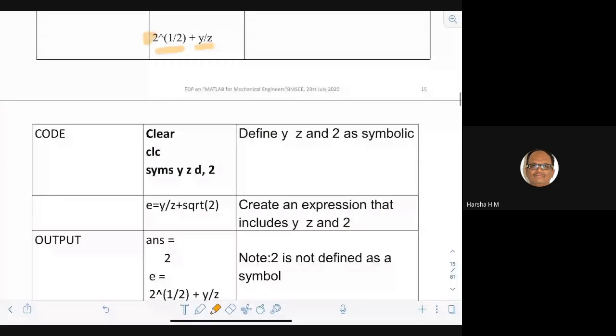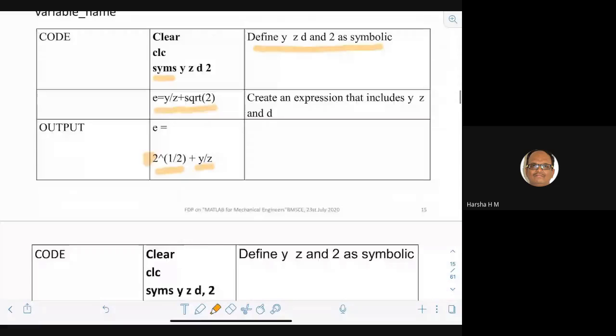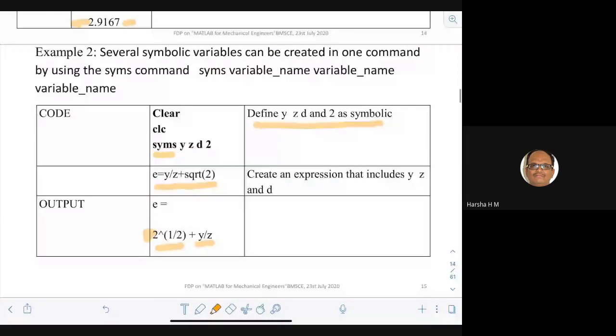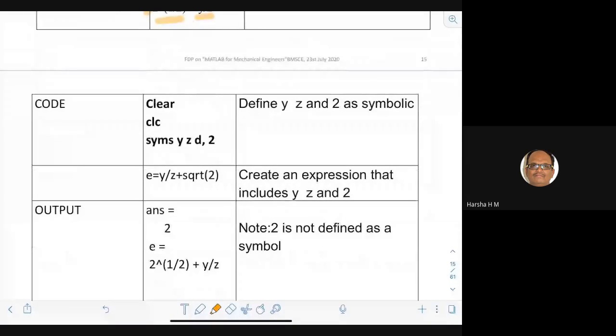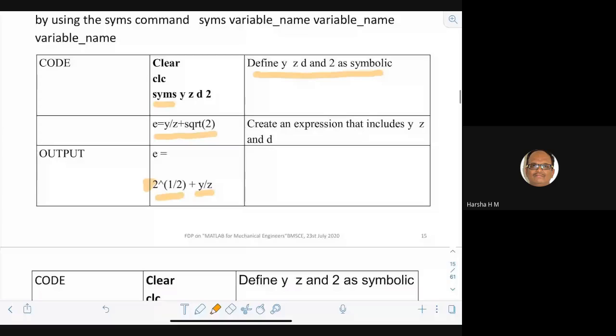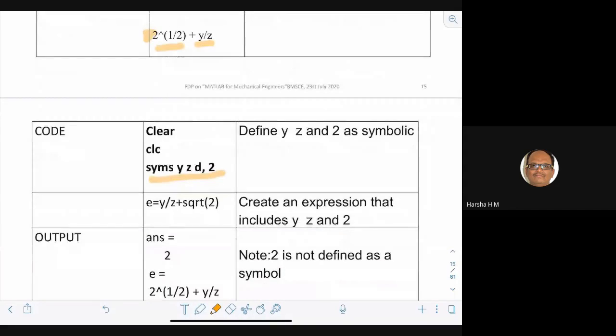But on the other hand, just see the difference here. I've taken the same code and pasted it again, but you need to observe an important difference. Of course, clear and CLC are there. Here it is y z d 2, whereas here it is y z d comma 2. By putting a comma here, you are not defining 2 as a symbolic variable.